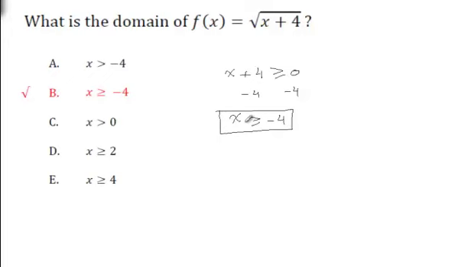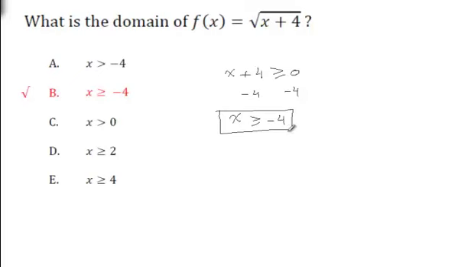This is the domain. Domain means that the value that you are allowed to replace x by should be greater than or equal to negative 4. What do you mean by greater than or equal to negative 4? Don't forget, when we move for greater in negative, we move towards 0. Don't say minus 5.